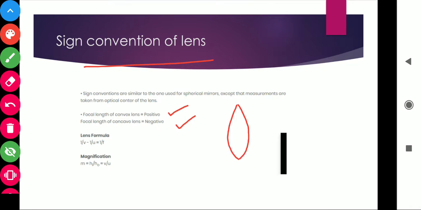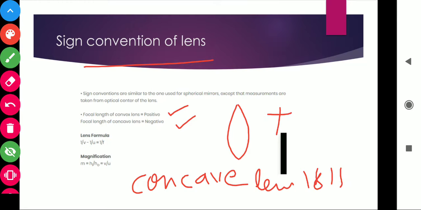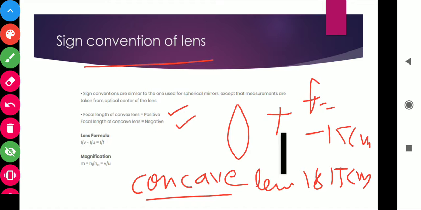It means convex की हमेशा positive होगी focal length. If the focal length of a concave lens is given as 15 centimeter, then how will we write it? F is equal to minus 15 centimeter. If this is convex, then we will write 15 centimeter only.